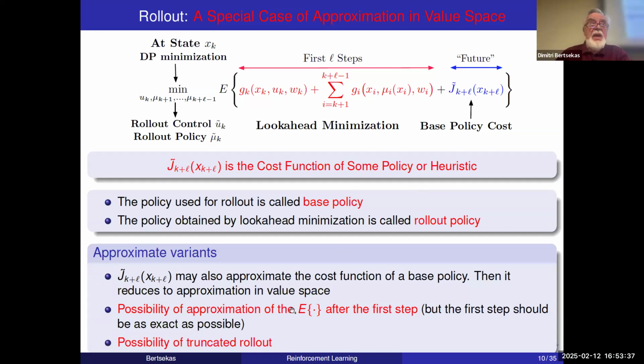Other possibilities include truncated rollout, which involves approximations of this J tilde function by using a number of steps of the base policy. A lot of approximation in value space revolves around rollout, either explicitly or implicitly. There's always some idea of looking into the future, and if you have some good heuristic, it may provide you with a good means of looking into the future. That's the general idea, and it manifests itself in different approaches for specific problems, also taking into account the structure of these problems.